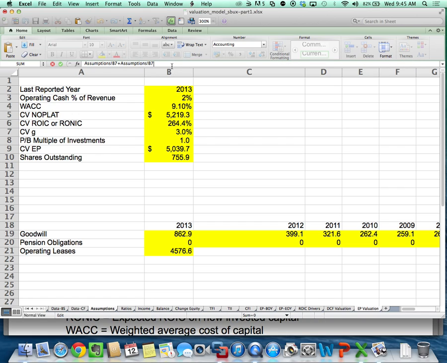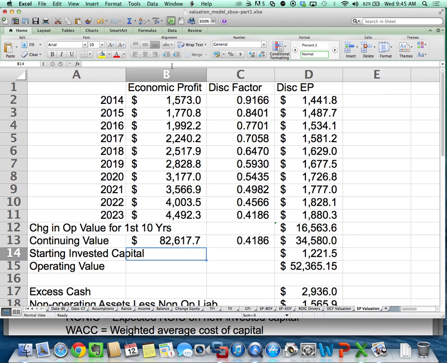I get growth in there twice. Right paren, right paren. I think I have it right, but I don't know. We'll find out. Hit enter. Calculated without an error, so that's good.